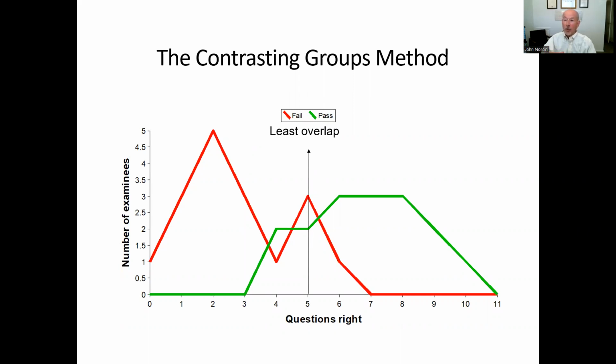Second option, and the one most people use, is to go in the area with the least overlap. So it's where the 2 distributions overlap least, and the other one is to minimize false positives. In this particular instance, you're saying, what I care about is, for example, protecting patients. And so I want to minimize the number of false positive decisions that I'm making. And so I choose a place in the distribution where no one who is judged as failing passes the examination.